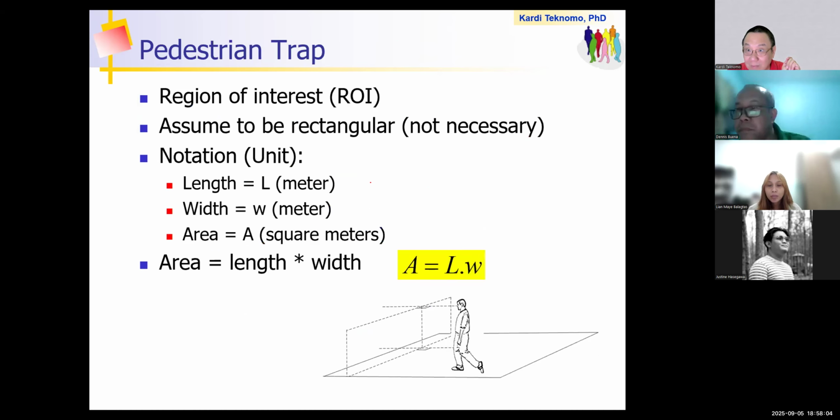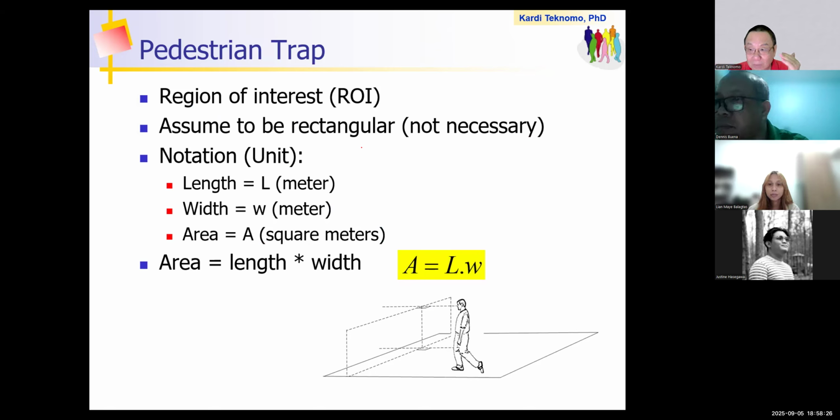Next, say in pedestrian, I will use area, because I have the length and the width. Then this is called pedestrian track or region of interest.